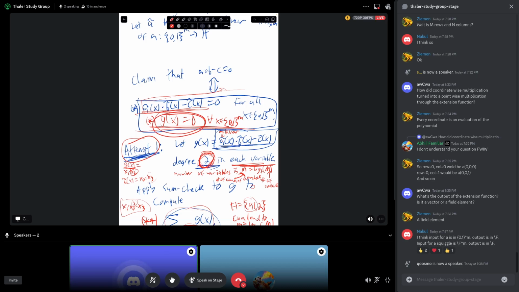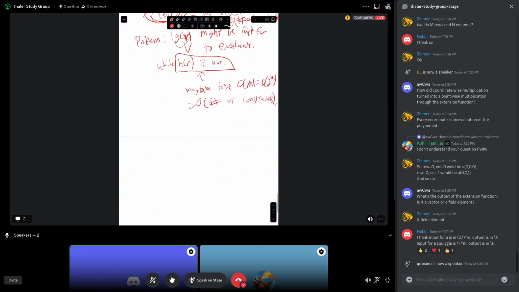So G itself has degree 2 in each variable, but we obtain degree 2 by multiplying two multilinear things together. So that's typically how things go in practice: you'll take two or more multilinear extensions, multiply them together to get some non-multilinear thing, and apply sum check to that. That's what's most common in practice.